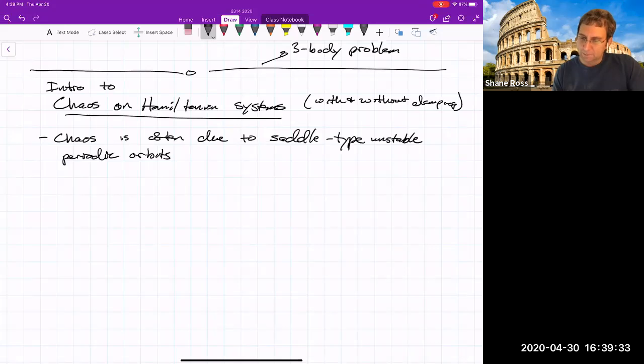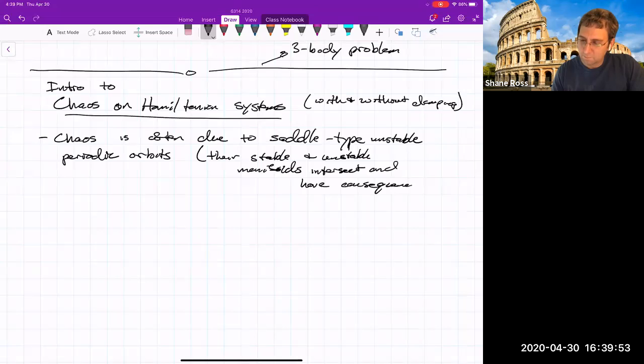What do we mean by that? Basically, their stable and unstable manifolds intersect and have consequences, like in that movie I showed.